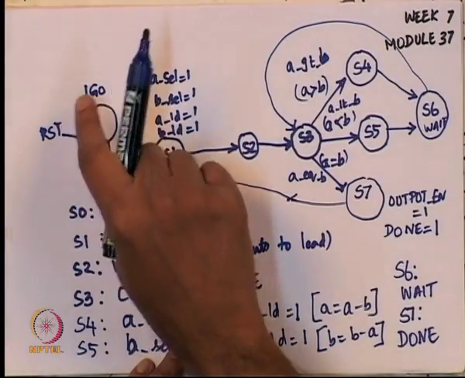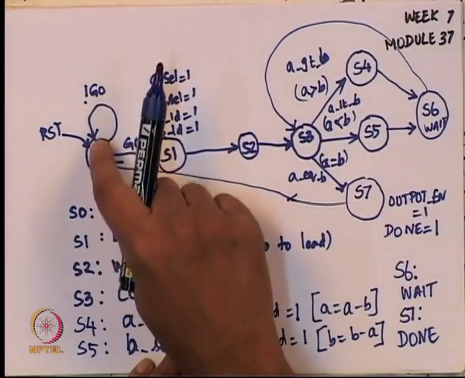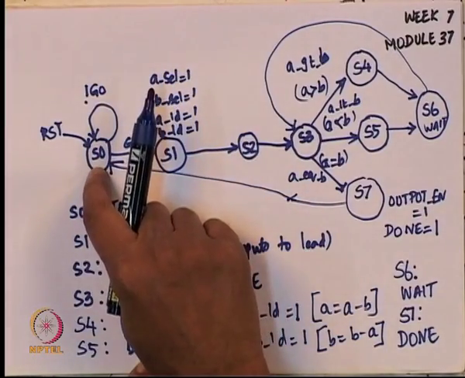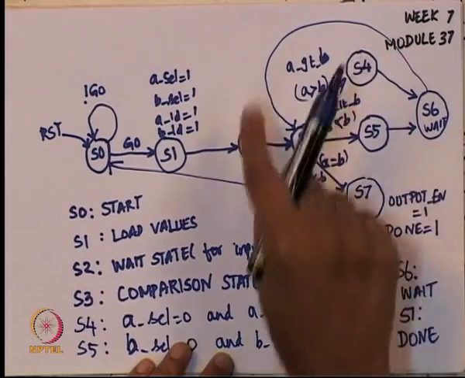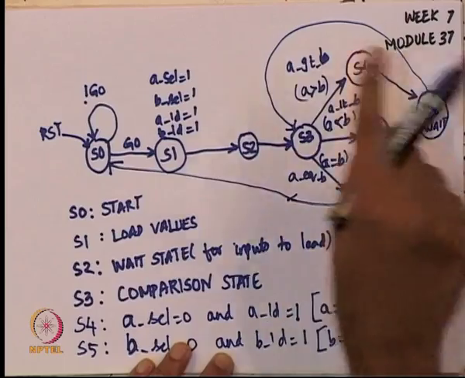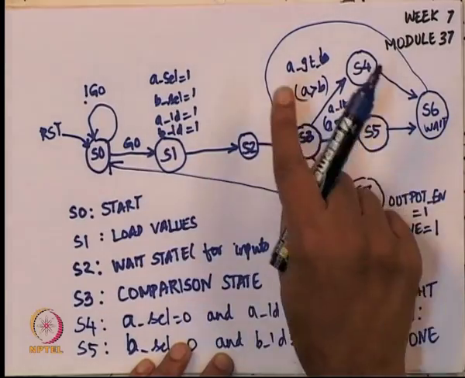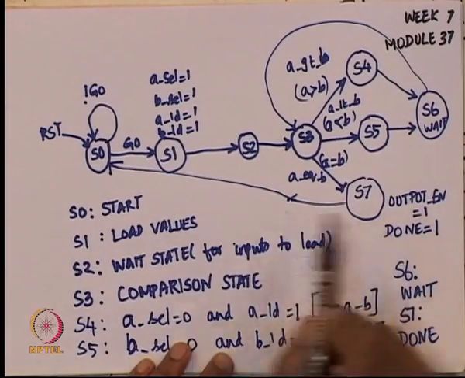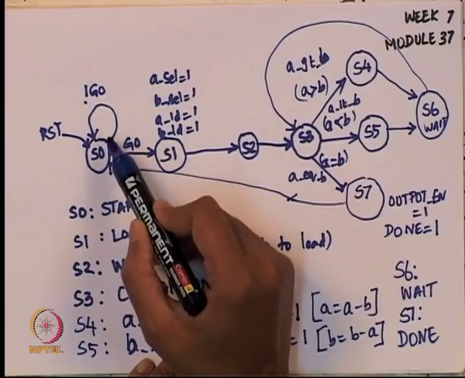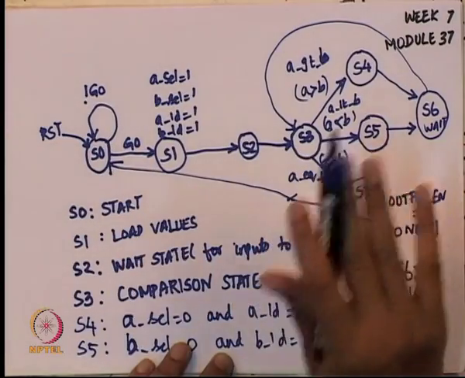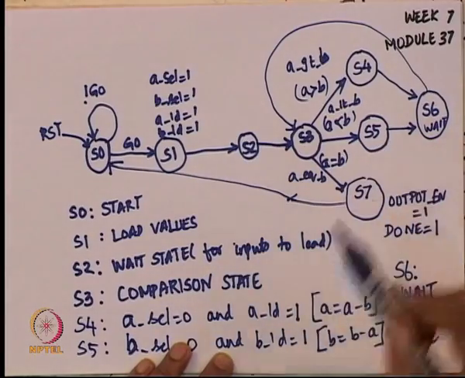Otherwise, if the external world does not give a go signal, it will stay in the state S0 itself, but when it is in S0, the output will be the previous computation that you have done. It will keep placing the previous output coming from the whole state machine, that will stay on the output till this go signal comes. Once the go signal comes, the output will still remain as the previous output till this whole thing processes and generates the new output.